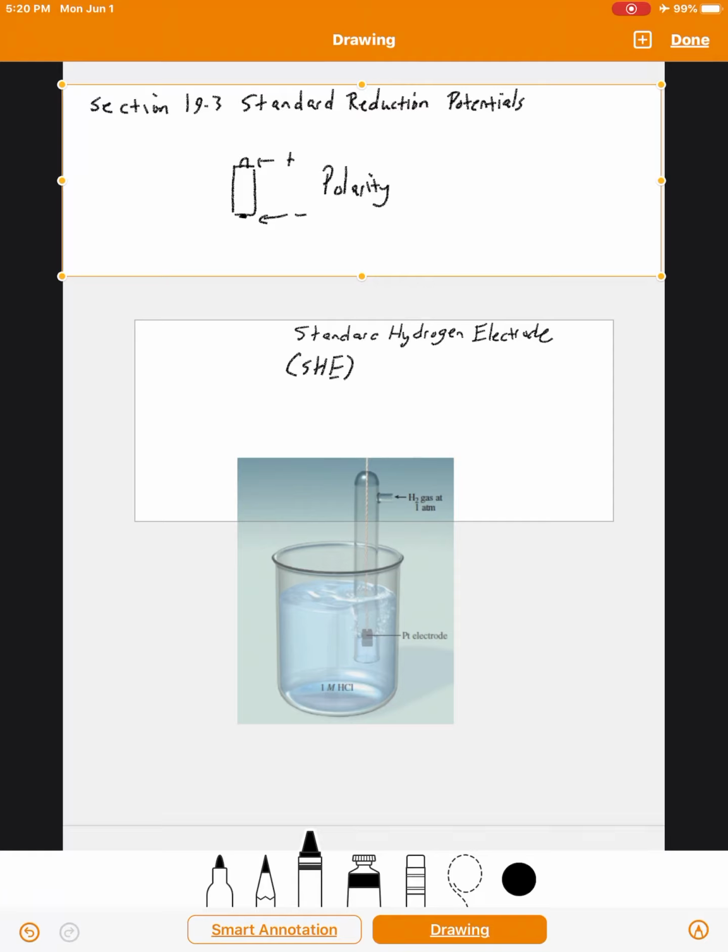Okay? We can think of this as, in a sense, a measure of the direction that the electrons move in a circuit. So for example, let's suppose we have a wire attached to this battery.